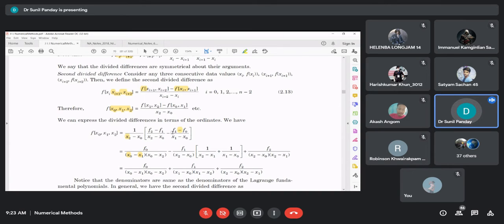This minus and this minus are common, and then finally we have f naught upon x naught minus x1, x naught minus x2.